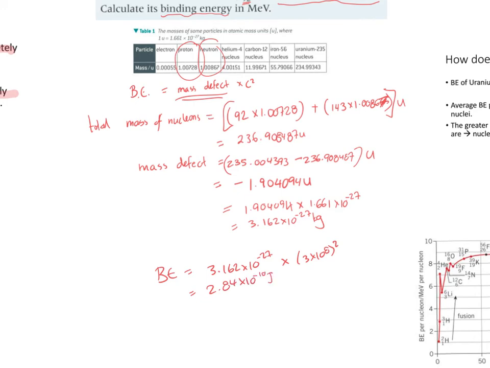However, it did ask us to give the answer in mega electron volts, so I need to divide my value by 1.6 times 10 to the minus 19, which will give me 1.779 times 10 to the 9 electron volts. So you can rewrite it as about 1780 mega electron volts.